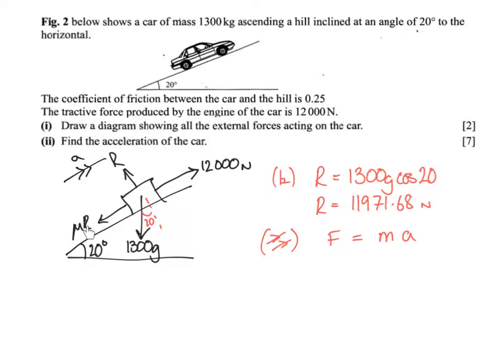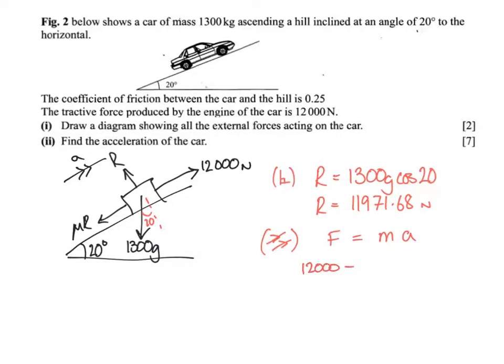Down the slope, acting away from that, I have friction. And here's the one that people forget about, but you must always remember to resolve the weight down the slope. The weight of the car will always be acting down the slope. So let's put those three in. Up the slope, 12,000 newtons.